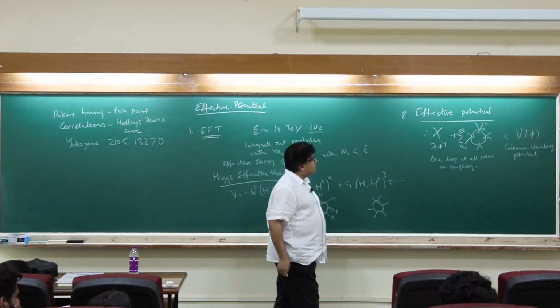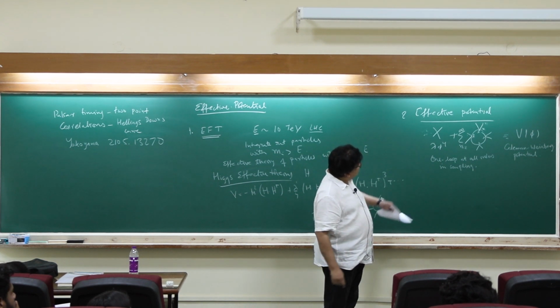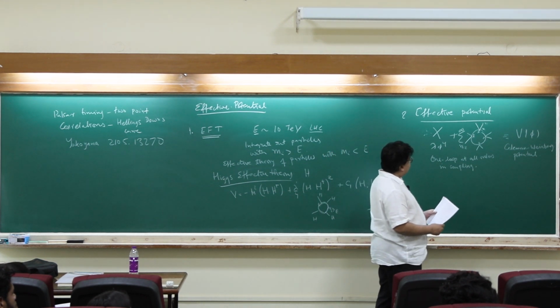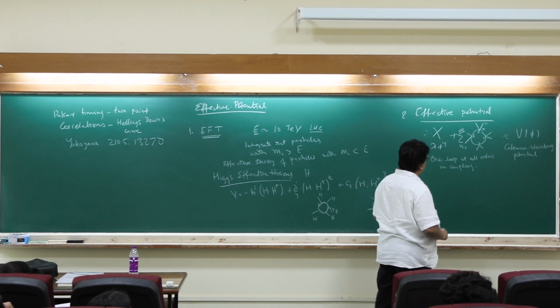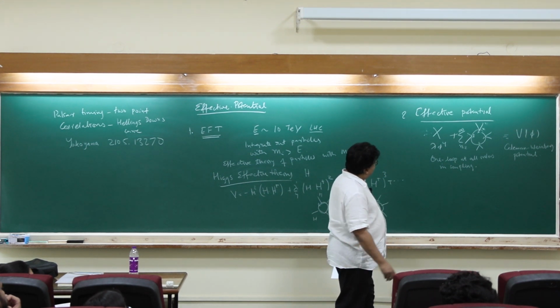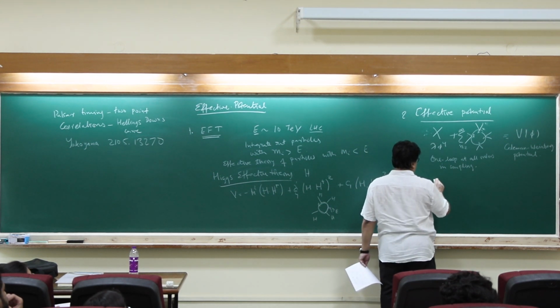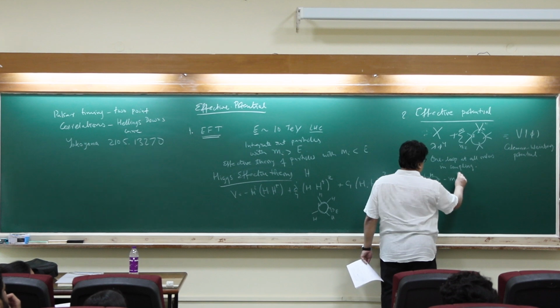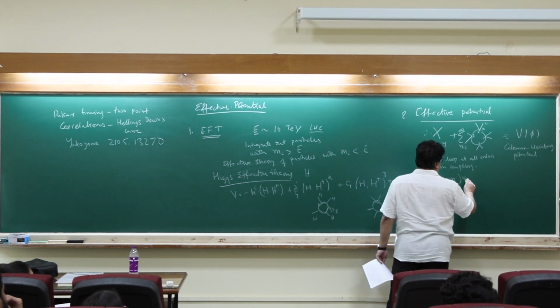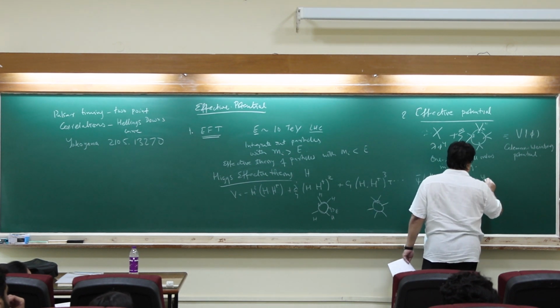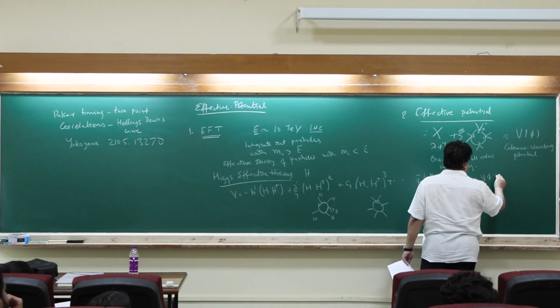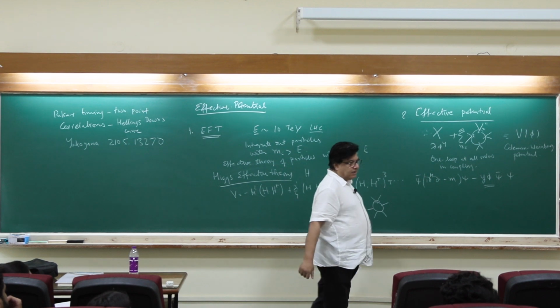And so the loop particle need not be just this particle, it can be any particle with which phi interacts. So supposing you have a fermion, so this is a Yukawa coupling, right?